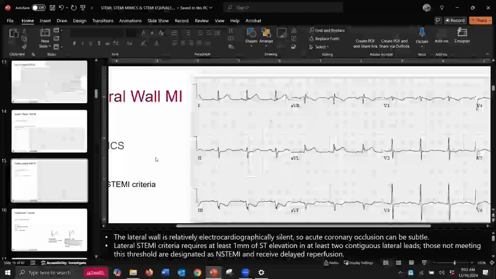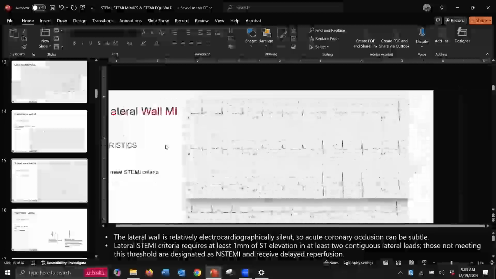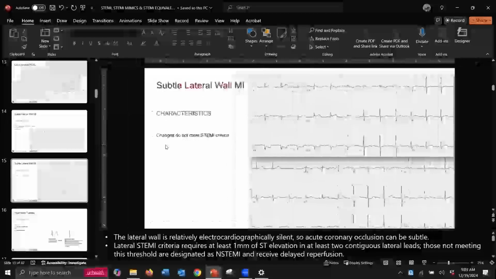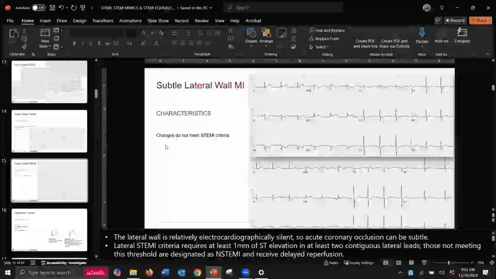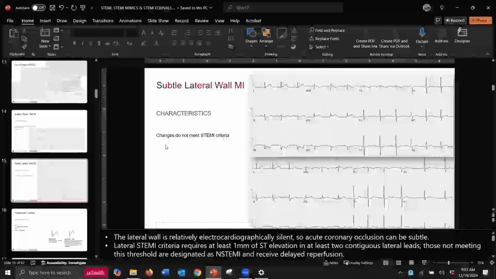But doesn't meet the classic 2 millimeters for STEMI inclusion. But you look at this EKG as a whole, and you're like, you know, I don't like that. This should get your spidey senses up. This is going to evolve. This may be very problematic.